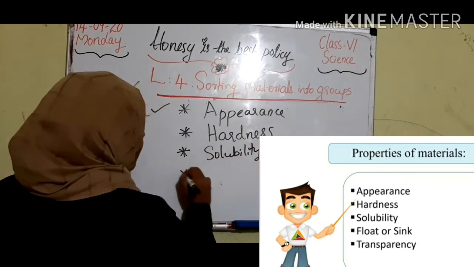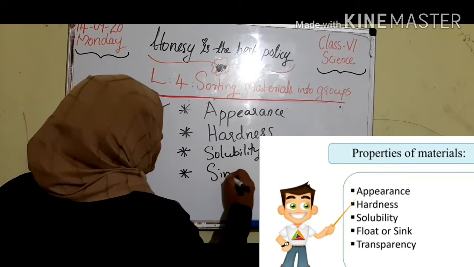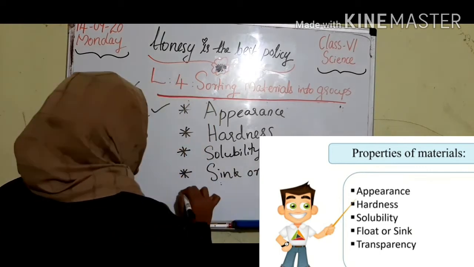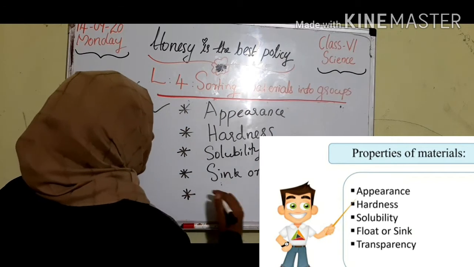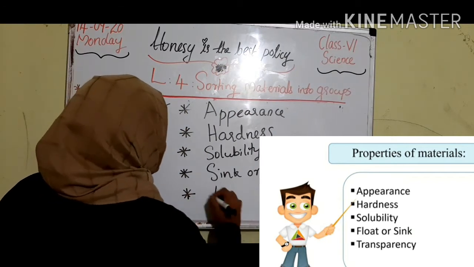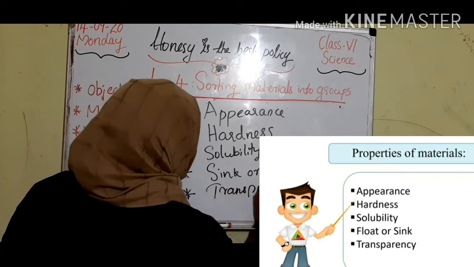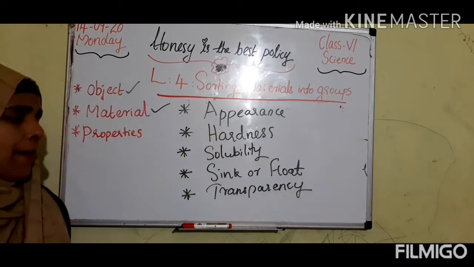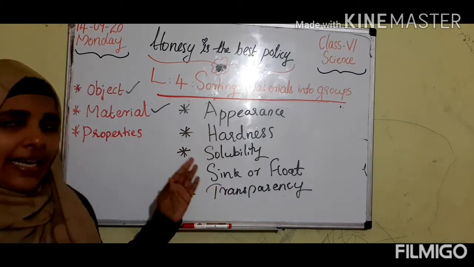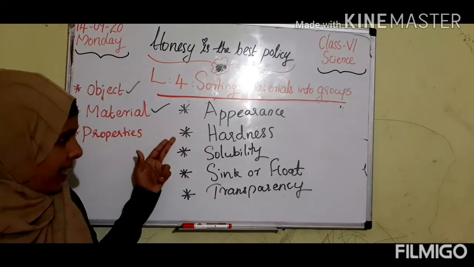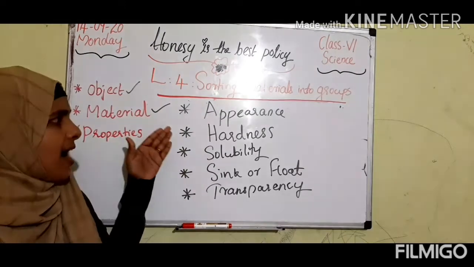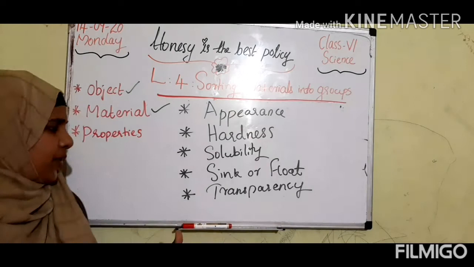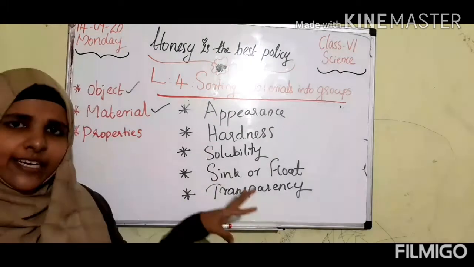Then the fourth one, whether it sinks or floats in water. And the last one is transparency. These are all the different properties of material. What are they? Say together: appearance, hardness, solubility, whether it sinks or floats in liquid, then the last one is transparency.